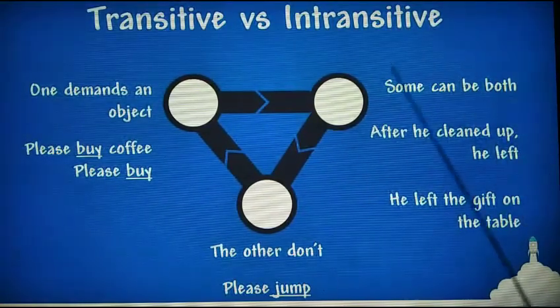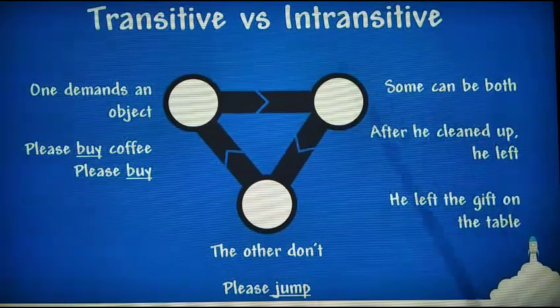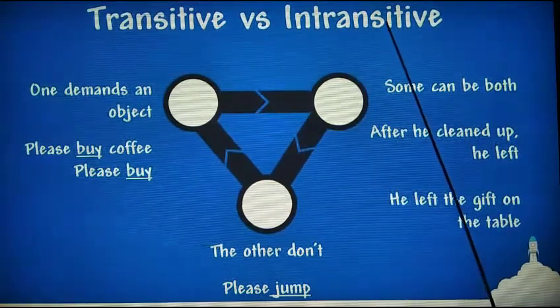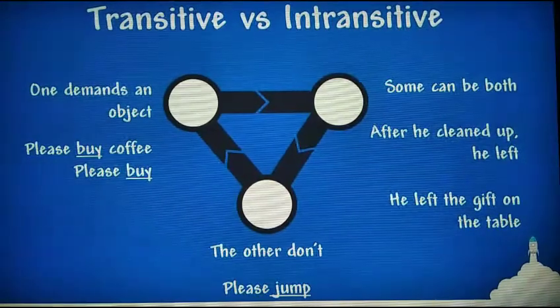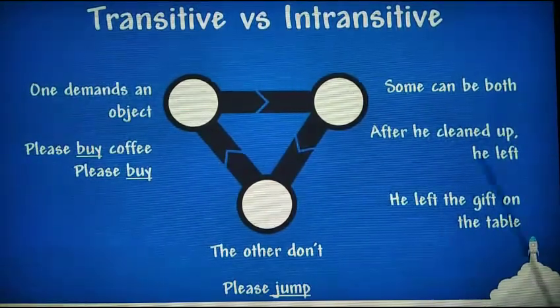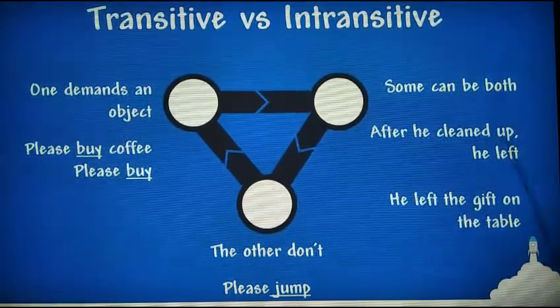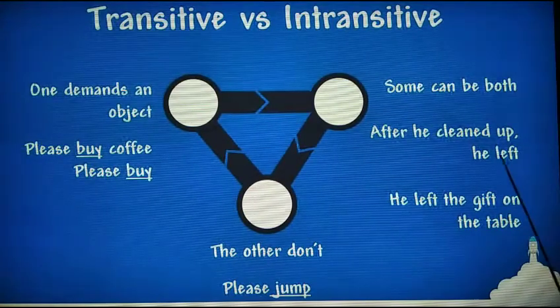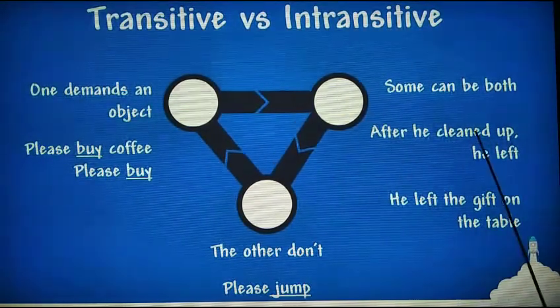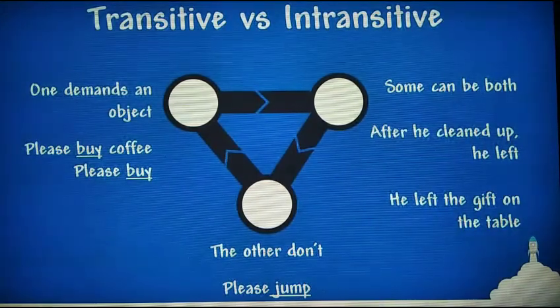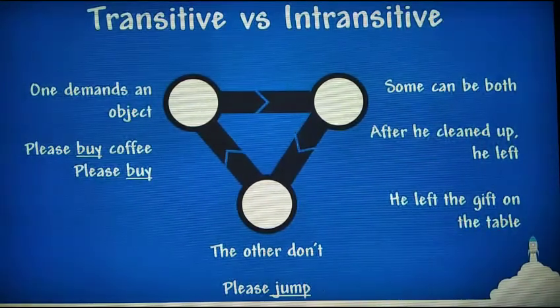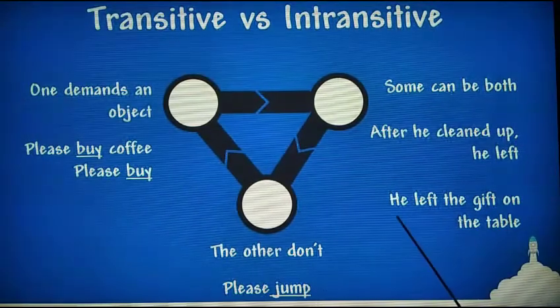But there are some verbs that can be transitive and intransitive at the same time. For example, left. Here we have a sentence without a direct object: after he cleaned up, he left. We can see here that left doesn't have a direct object, but the meaning of the sentence is complete. And here we have the word left with a direct object: he left the gift on the table.